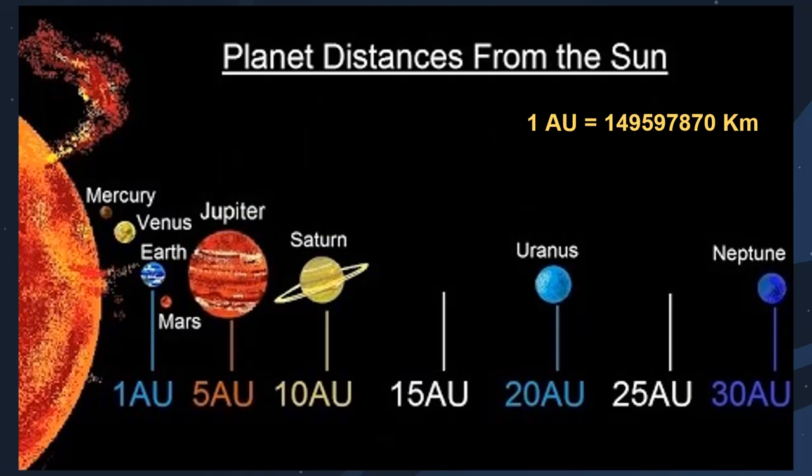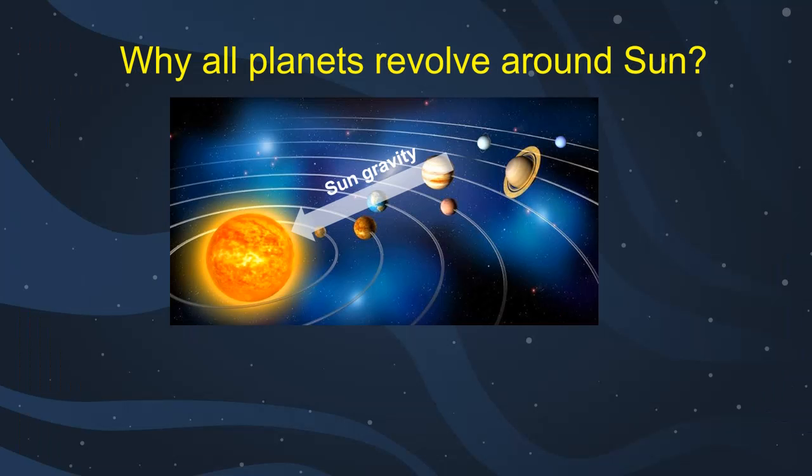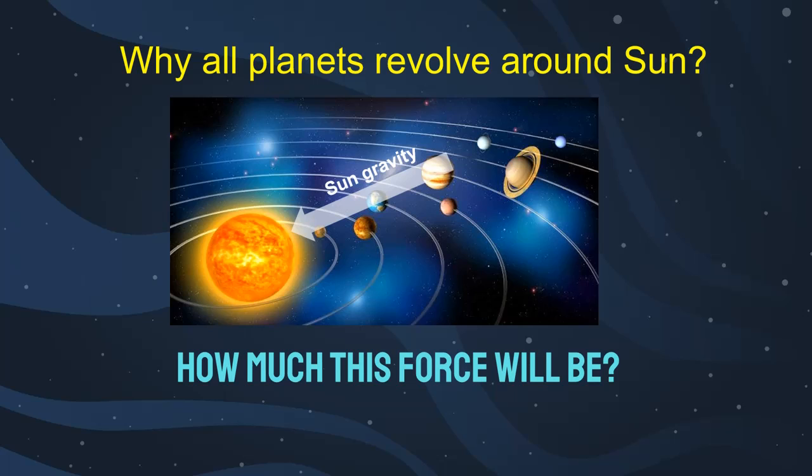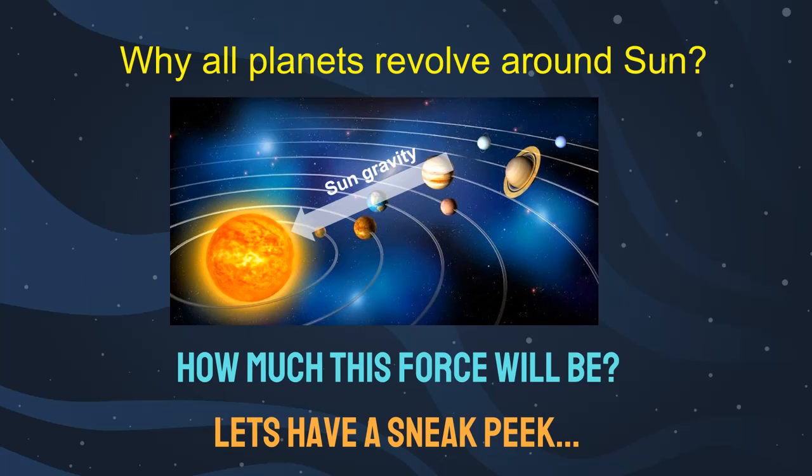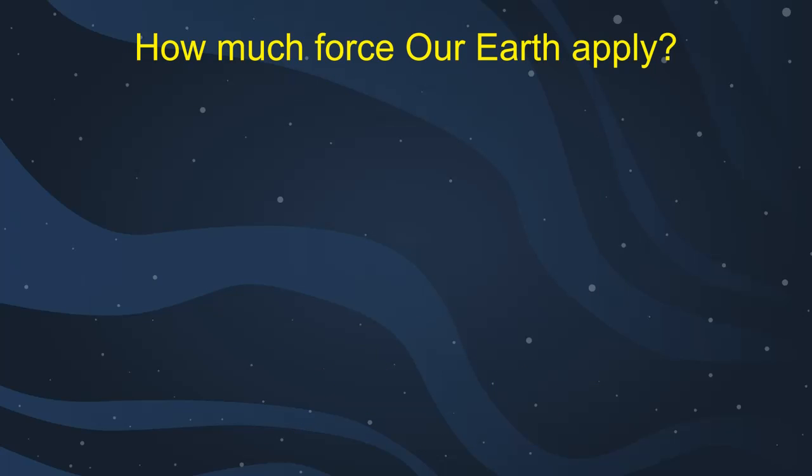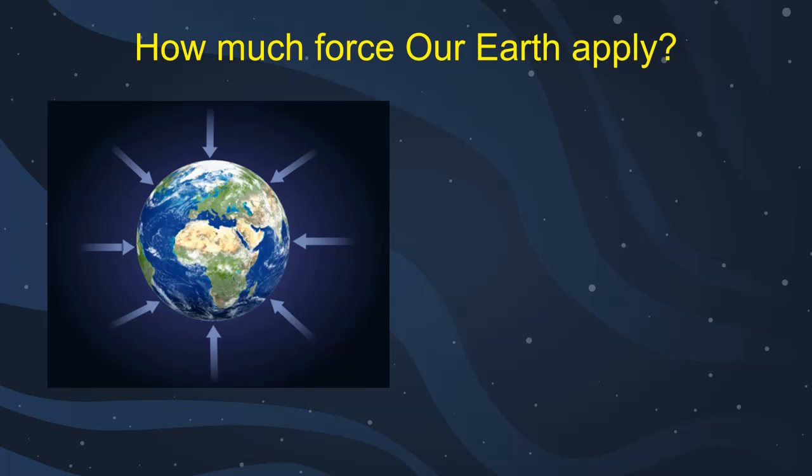Now, so the question comes, why do all these planets revolve around the sun? Okay, how much is this force? Is this force sufficient enough? Let's take a sneak peek at that. Before understanding, let's see how much force our earth applies. We know that on the earth's surface, if we keep any object it falls down. Why? Because the earth is applying a force towards the center. We call it the gravitational force.